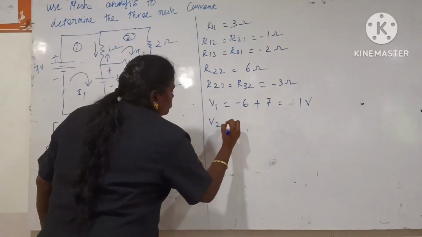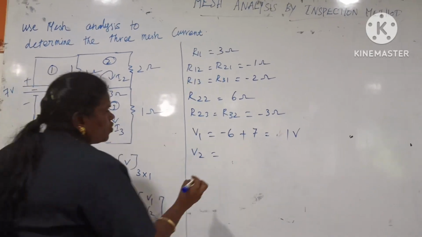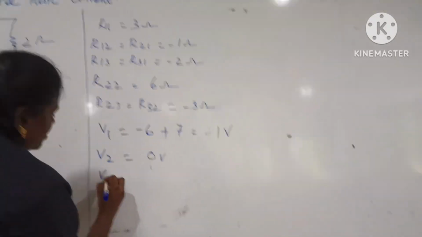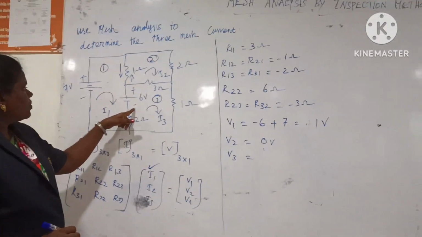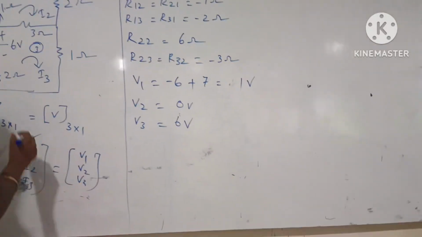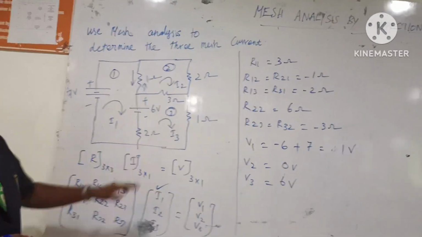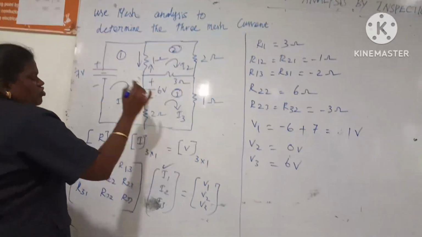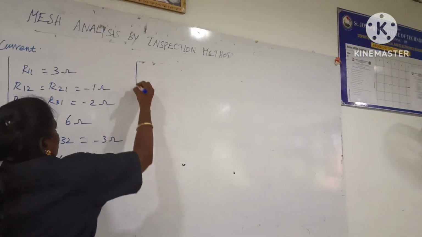Next, V2 is 0 volts. Then V3 is plus 6 volt. The current direction is positive to negative, so the battery gives minus 2 positive, so 6 volt. So solve the general formation.